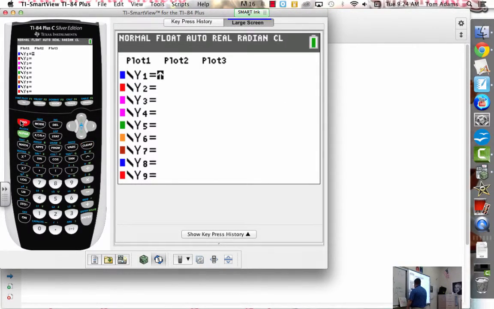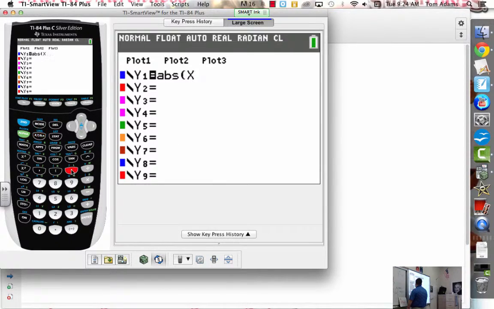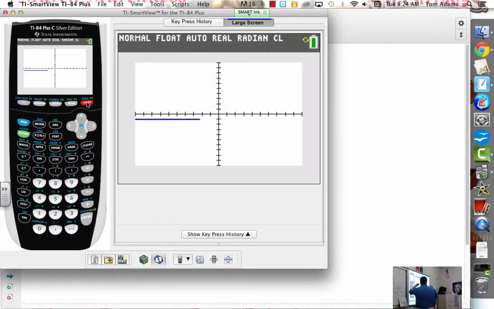If I do the absolute value of x divided by x and I graph it, you're going to find something really weird here. It wants me to graph from -1 to 2.